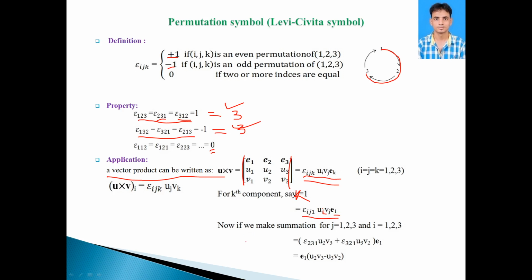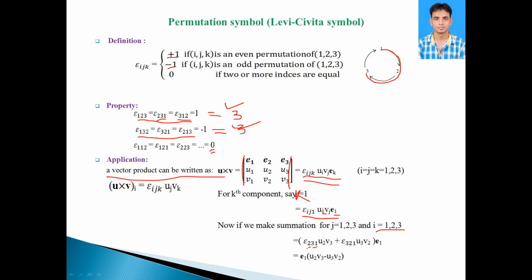Now if you make the summation for j equal to 1 to 3 and i equal to 1 to 3: for i equal to 1, j equal to 1, that is 111, it gives 0. For i equal to 2, j equal to 2, that is 221, again 0. So only the values i equal to 2 and j equal to 3, and k equal to 1 obviously, and similarly i equal to 3, j equal to 2, survive.